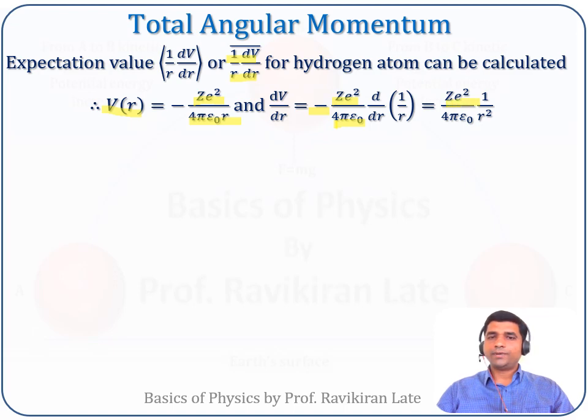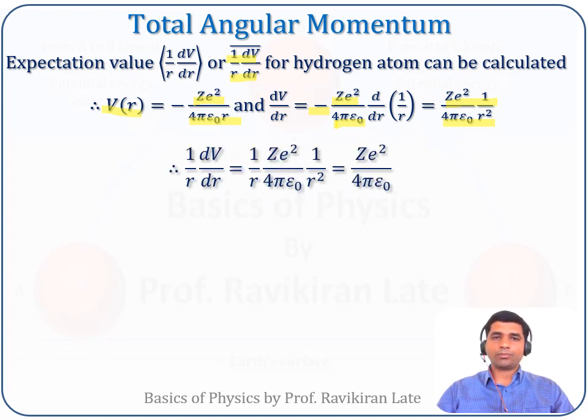So dV by dr is nothing but Ze square upon 4 pi epsilon 0 into 1 upon r square. Now, in order to calculate 1 upon r into dV by dr, you just have to multiply this term by 1 upon r, which will be 1 upon r cube into Ze square upon 4 pi epsilon 0.